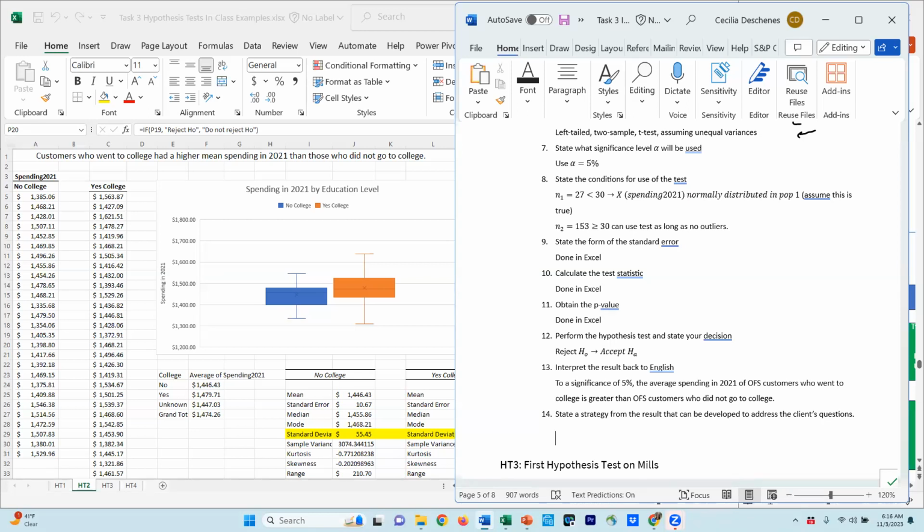She's not focusing on reducing costs. She's focusing on increasing revenues. So spending is probably of all our variables the most directly related to revenues, right? Because it's what the customer spent, which means it's the revenues to Organic Food Superstore, in case that wasn't totally obvious.